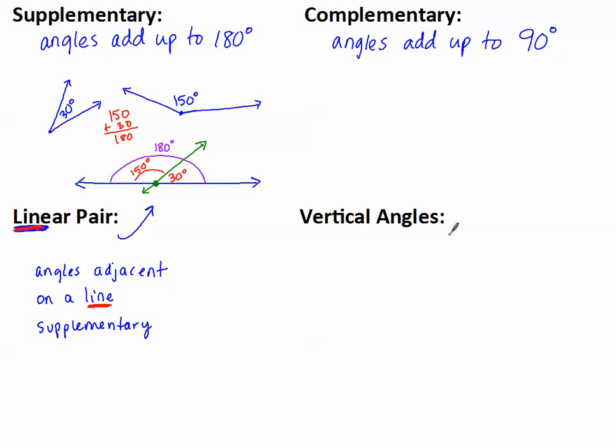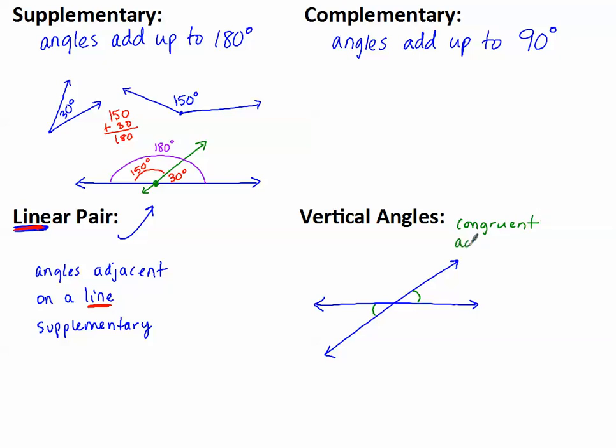Vertical angles are also made by intersecting lines. Draw yourself a line and then draw yourself another line intersecting that first line in any way you want to. The angles that are across from each other, like this angle and this angle, those are vertical angles. Vertical angles are going to be congruent to each other.